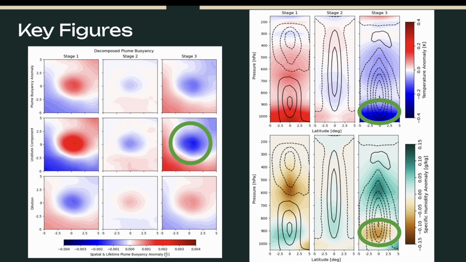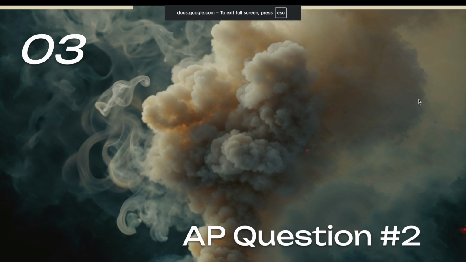This is reflected as actually a part of the positive contribution to total buoyancy from our dilute component, which is just an interesting little tidbit, that we see this kind of reversing action of dilution, playing a dampening role in MCS growth versus a strengthening role in stage 3 or storm decay, and then vice versa for the undilute component, where again the undilute component is the predominating component of the total plume buoyancy. Okay, so now I'll be moving on to my second AP report question.